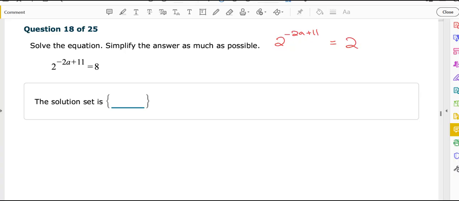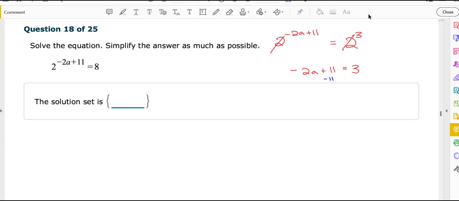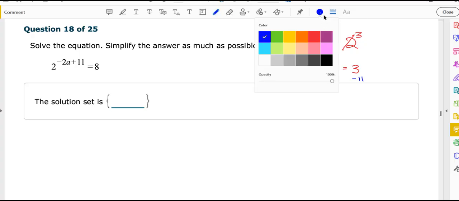I can get rid of the bases, and I've got negative 2a plus 11 equals 3. Subtract 11 from both sides, and I have negative 2a equals negative 8.